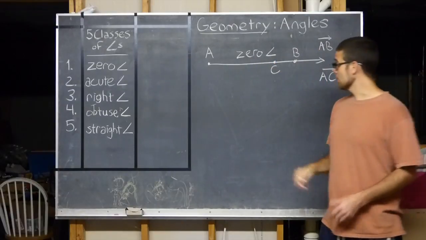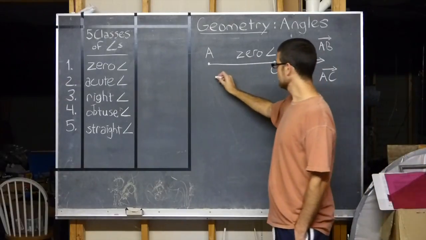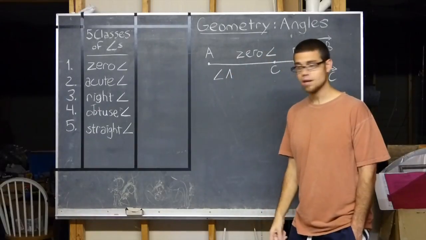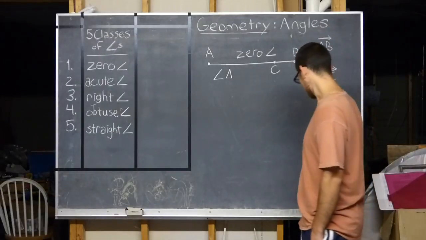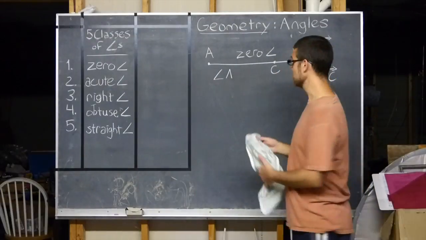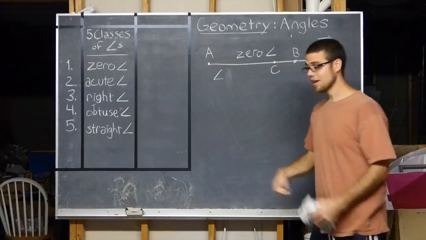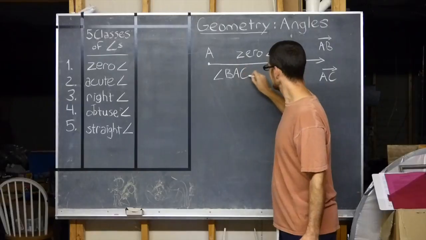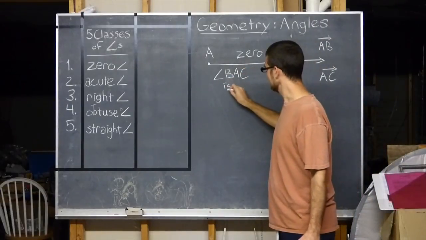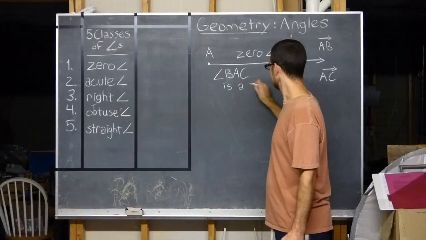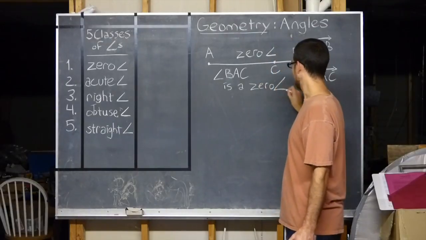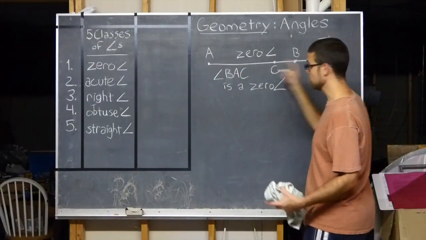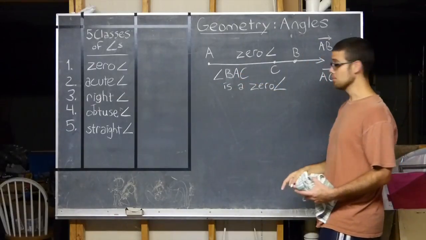Zero angle. Alright. And we would name that angle A. Oh, not A. We don't name it A. A is the vertex. The vertex always has to go in the middle. Apologize for that. So, angle BAC is a 0 angle. We could also name it angle CAB, but the vertex goes in the middle.